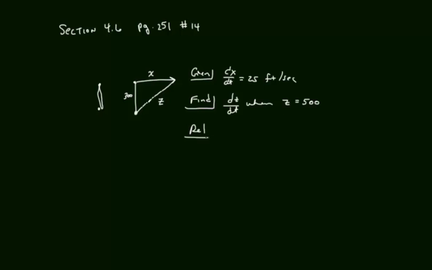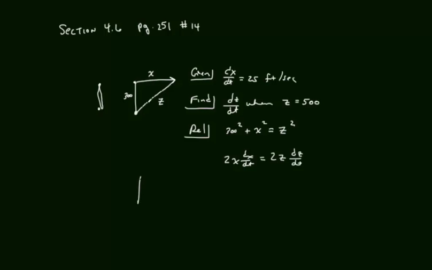Relationship. Looks like good old Pythagorean theorem. 300 squared plus x squared equals z squared. I'll take the derivative. That goes to 0. So 2x dx/dt equals 2z dz/dt.